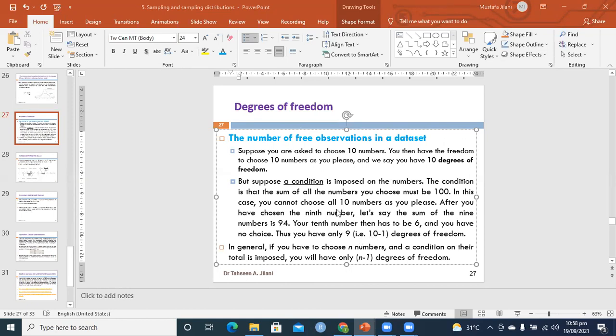Like 10 minus 1 here, 10 minus 2 if you say sum equals 100 and difference equals 70, 10 minus 3 if you say sum equals 100, difference equals 70, and multiplication equals 1500. So the more conditions you impose on your data, the more free observations you lose.